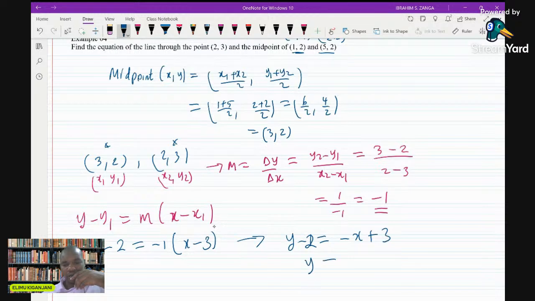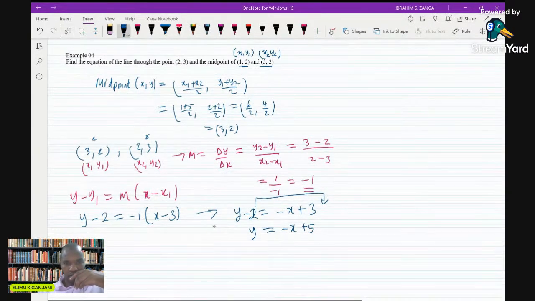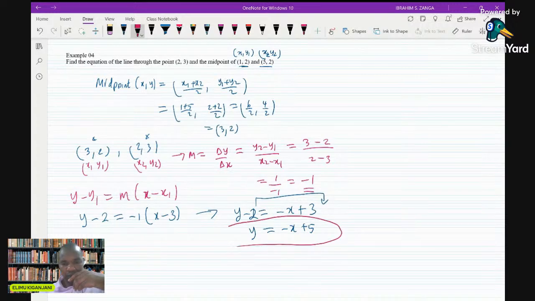So y will be negative x plus 5 because we took 2 to the other side. So y equals to negative x plus 5, and that will be the last equation for this piece of our live session segment.